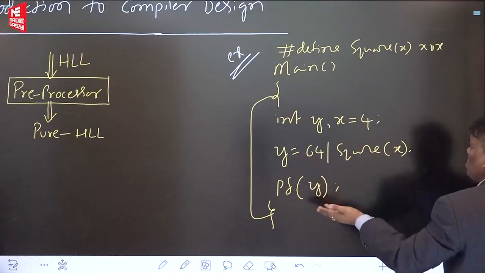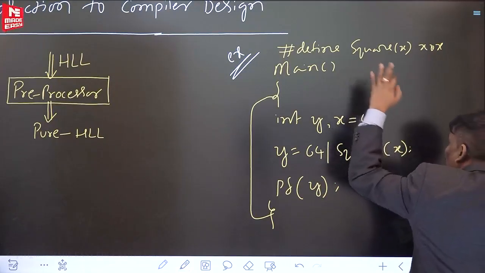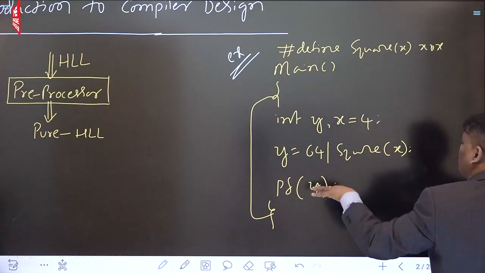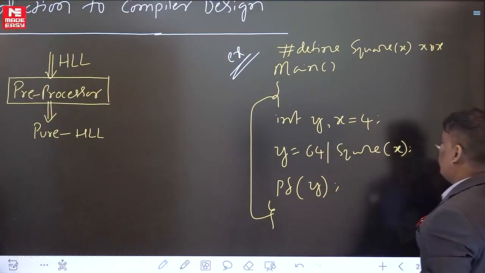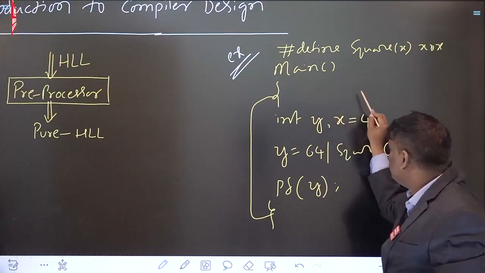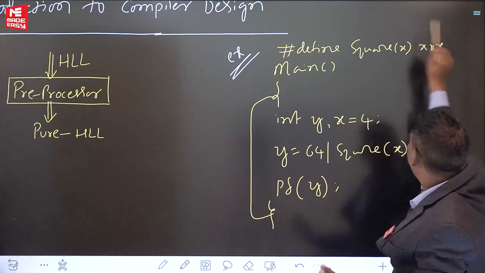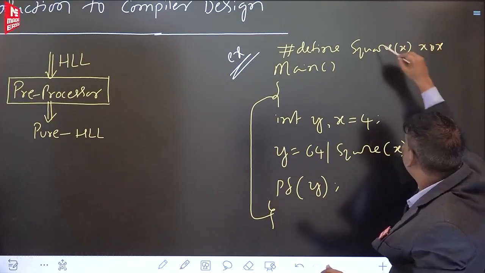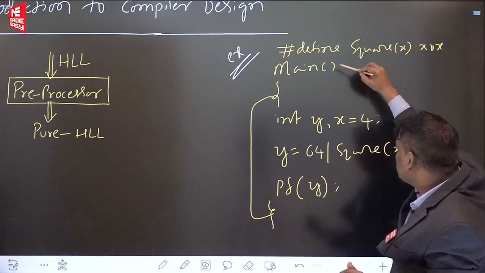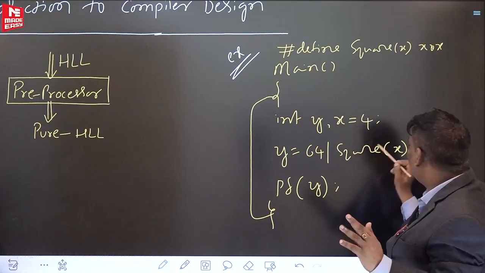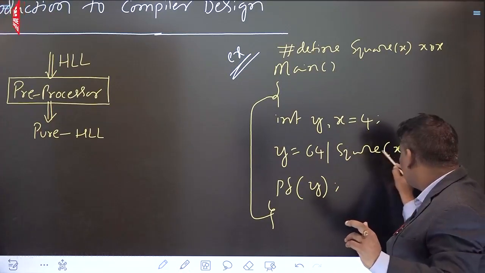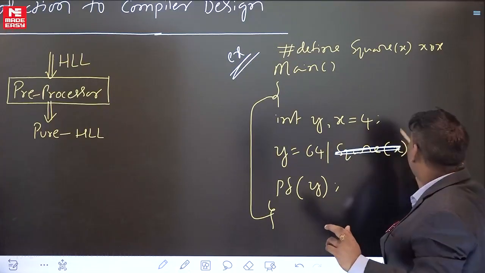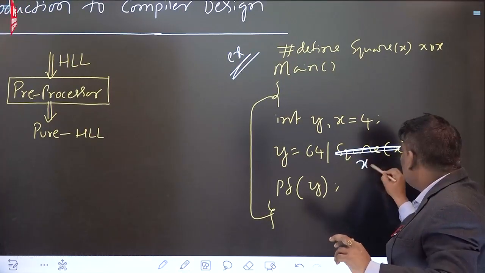Now when you compile, first the preprocessor comes into the picture. He will go inside and look for where the rename is, meaning where the shortcut is. Suppose this is the actual and this is the shortcut. Wherever he sees the shortcut, square of x, he will replace it by the actual, x into x.